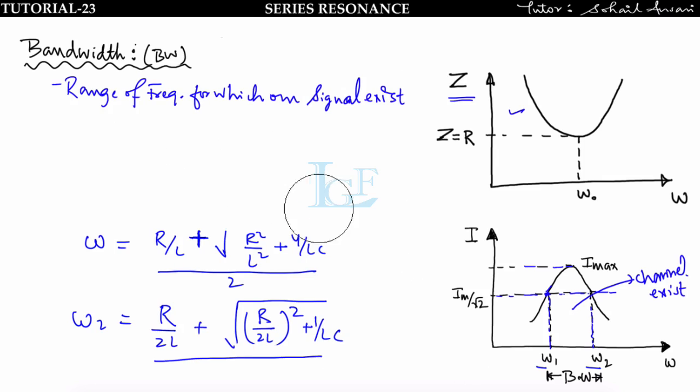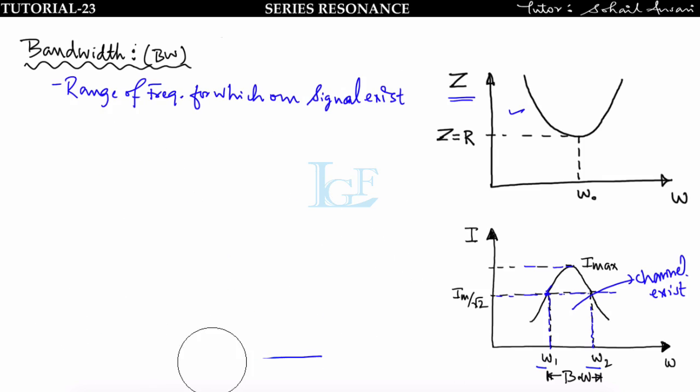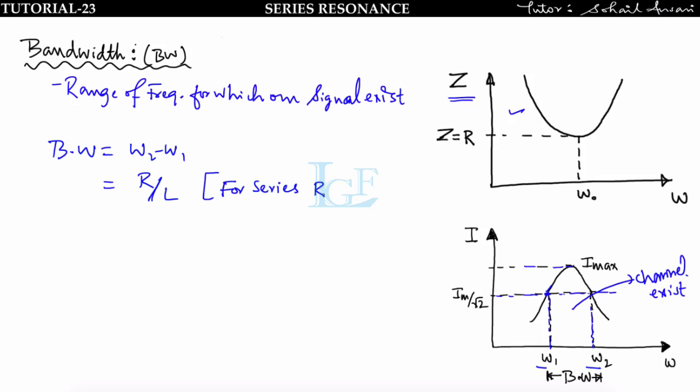Now I found omega 1 and omega 2, where omega 1 is the lower cutoff frequency and omega 2 is the higher cutoff frequency. So bandwidth can be defined as omega 2 minus omega 1. If I subtract omega 1 from omega 2, then I will get R upon L. So this is the bandwidth for a series RLC circuit.